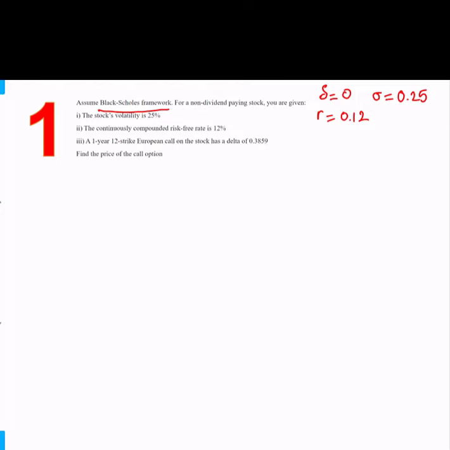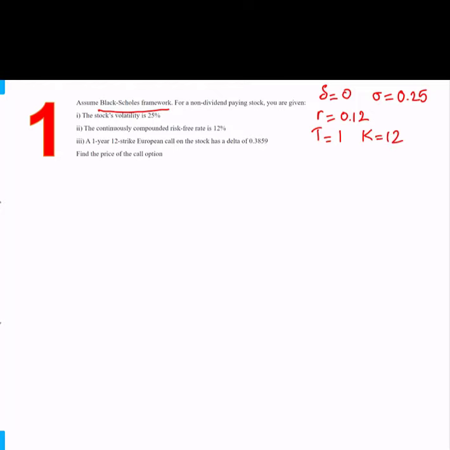And then a 1-year, 12-strike European call on the stock has a delta of 0.3859. Here, the third piece of information gives you 3 numbers: 1 year, 12 strike, and 0.3859. So T, the duration of this call, is 1 year.